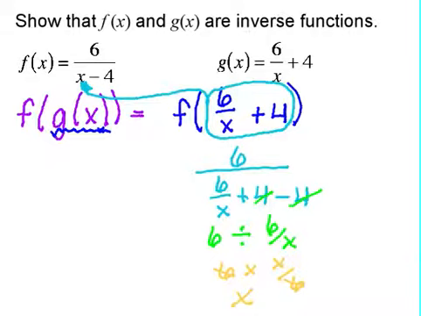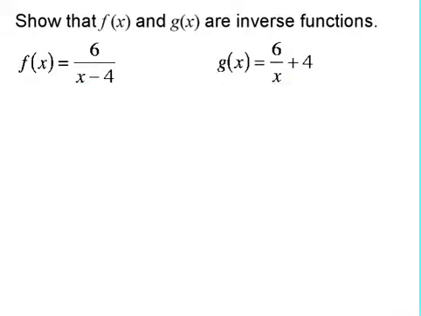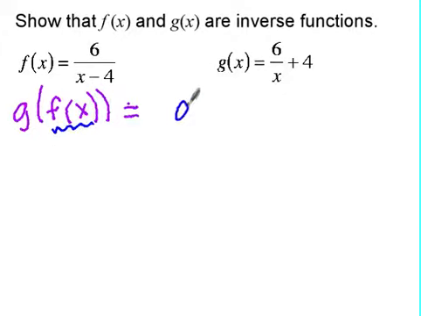Okay, so now instead of f of g of x, I need to show g of f of x. And so these are kind of like proofs, because you obviously know that you need to get to x, right? I mean, it's just a matter of kind of manipulating until you get there. So I'm going to replace f of x with what?